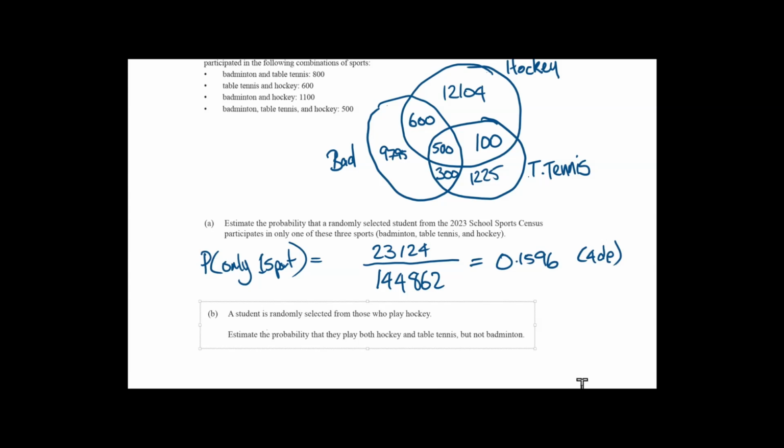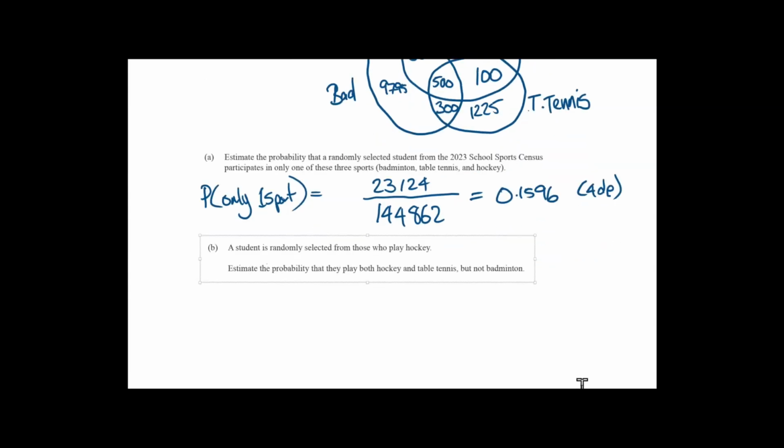The student is randomly selected from those who play hockey. Okay, so that's our denominator. Probability they play both hockey and table tennis, but not badminton. So here we want the probability they play hockey and table tennis, but not badminton, given that they play hockey.